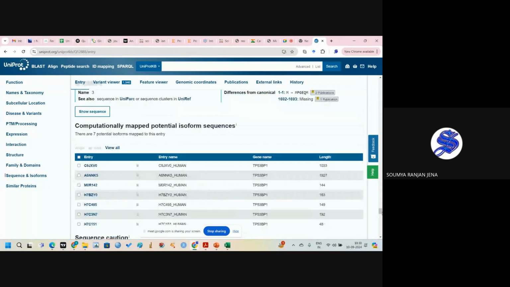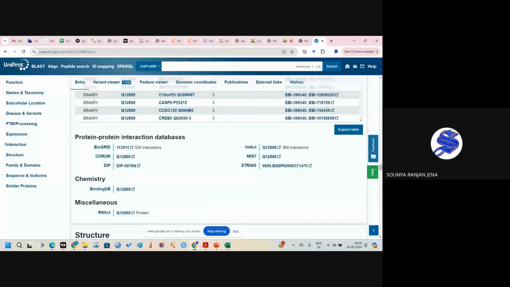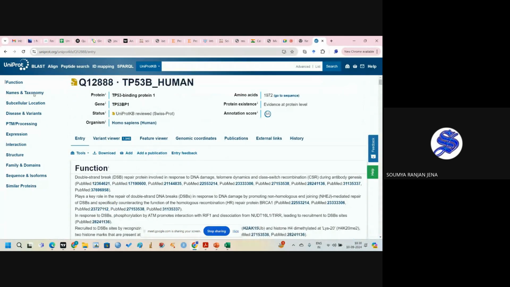These are the large databases which researchers worldwide use, and also what kind of disease it will cause.